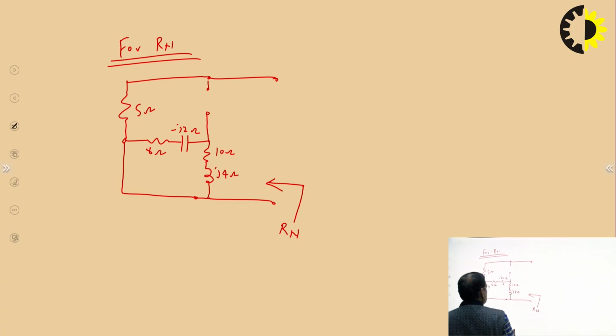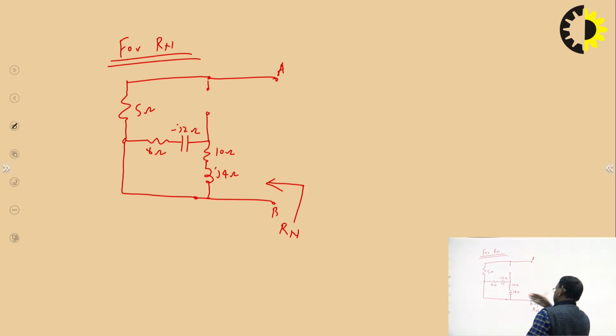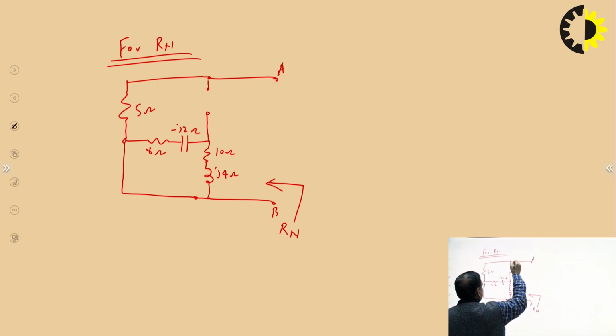This is your AB terminal. Now you have to look from the load terminals or AB terminals. If the current is coming here, it has two paths, one is this and one is this.